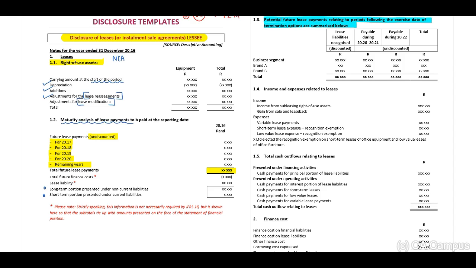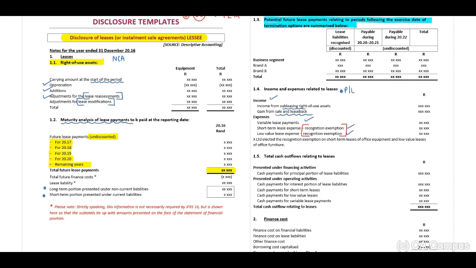Income and expenses related to leases. Now remember, when they indicate to you in your requirement section that you need to disclose your notes relating to your profit and loss, you need to know that you need to include your income from any subleasing, gain from any sale and leasebacks, expenses if there are any variable lease payments, short-term lease expenses, or low-value lease expenses when the recognition exemption is applied.